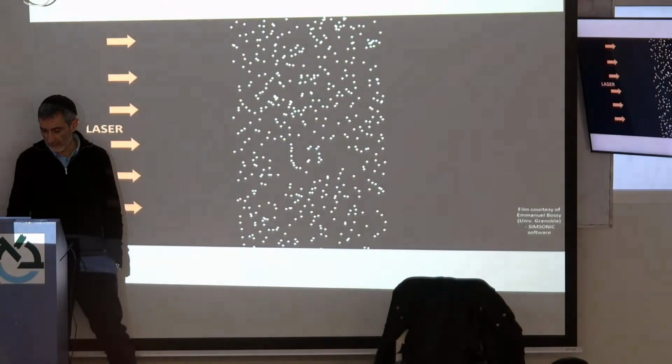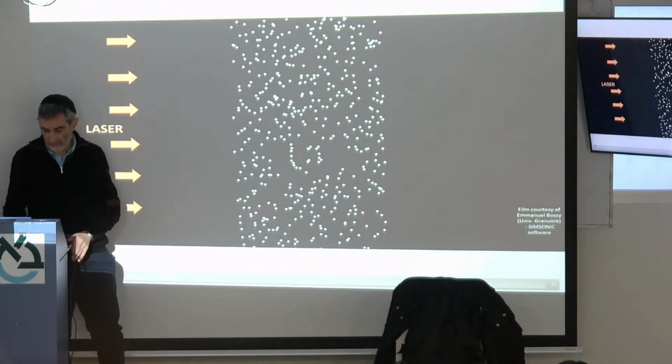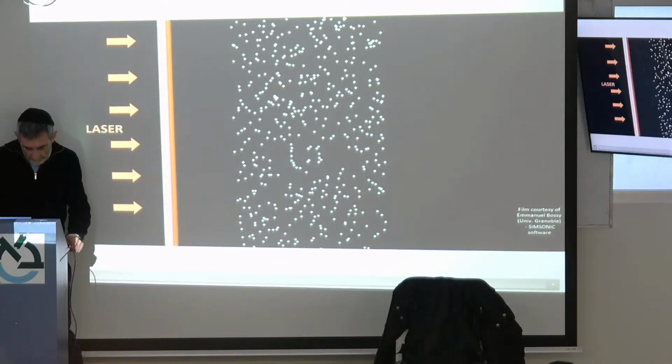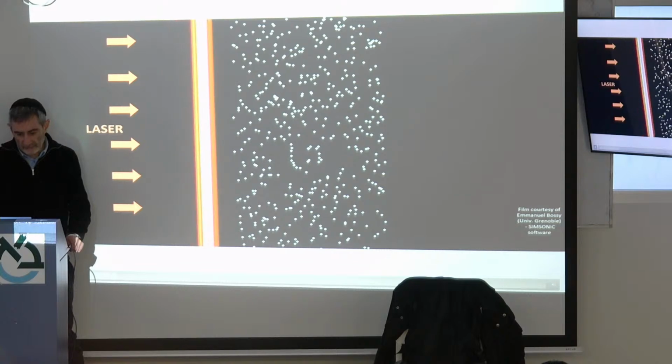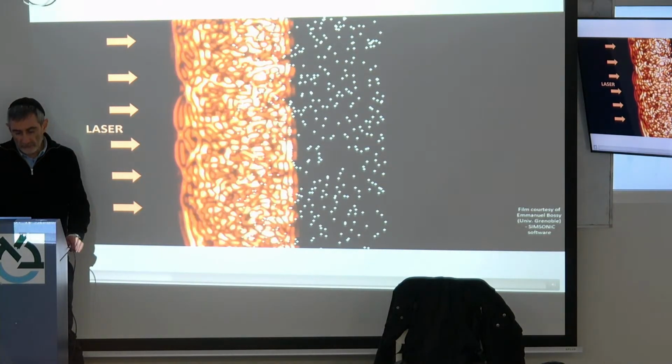Let's say you start with a laser. It's the same for elastic waves. This is a full simulation in two dimensions. You have a plane wavefront here, and it's interesting to see how the light is scattered.